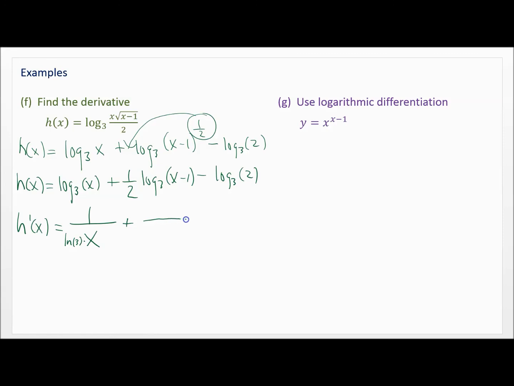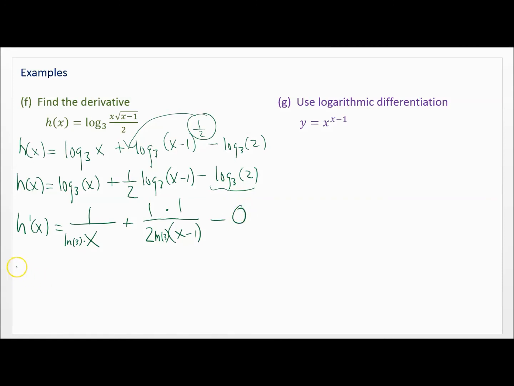Now I have another fraction, 1 over x minus 1, but since this is a log base 3, I have to squeeze in here a natural log of 3. And then minus, this is a constant. Log base 3 of 2 is just a number. There's no variable there at all. The derivative of a constant is just 0.